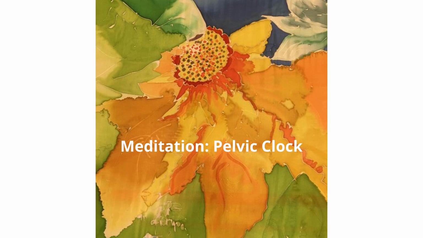And again, we're going to practice the clock. Last week we sat on a chair to do that, and this time we're not using gravity so much. We're just allowing our knees to rest over our feet about a shoulder width apart.